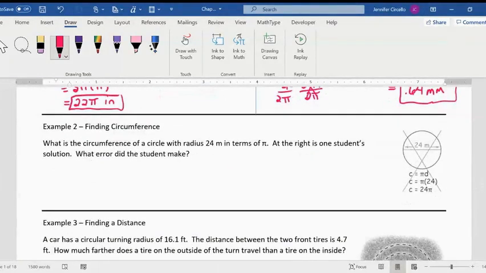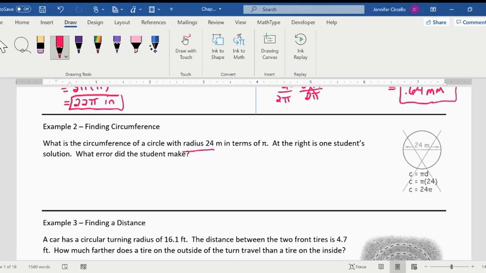Okay, so for this one, it says what's the circumference of a circle with radius 24 meters in terms of pi? So we want pi in our answer. At the right is one student's solution. What error did the student make? Well, just looking at the picture, this says a radius of 24, and the picture does not have a radius of 24. It has the diameter as 24.